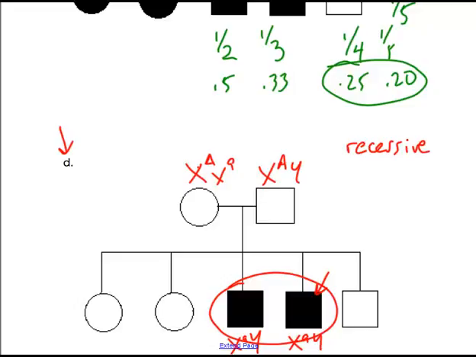So he's going to give all his X with the big A to his daughters, so they couldn't be affected. And what about males? They basically have a half a chance of being affected, but the only people who can be affected are males. And that's generally what we're seeing here. So, looks good. The X-linked idea looks good here.